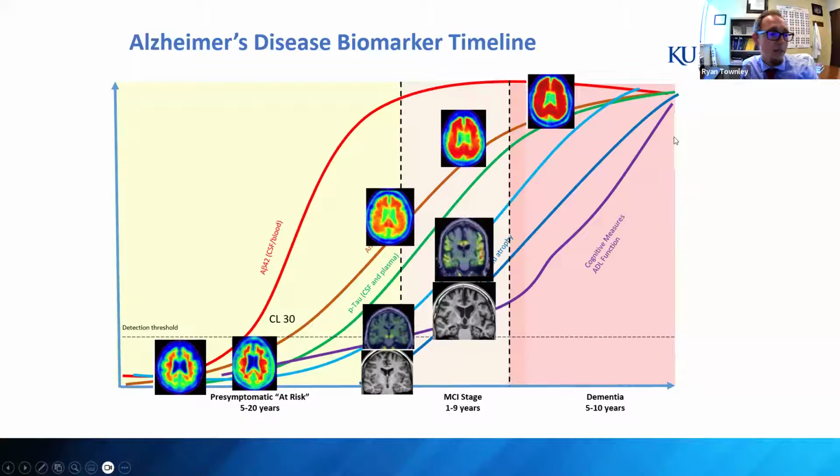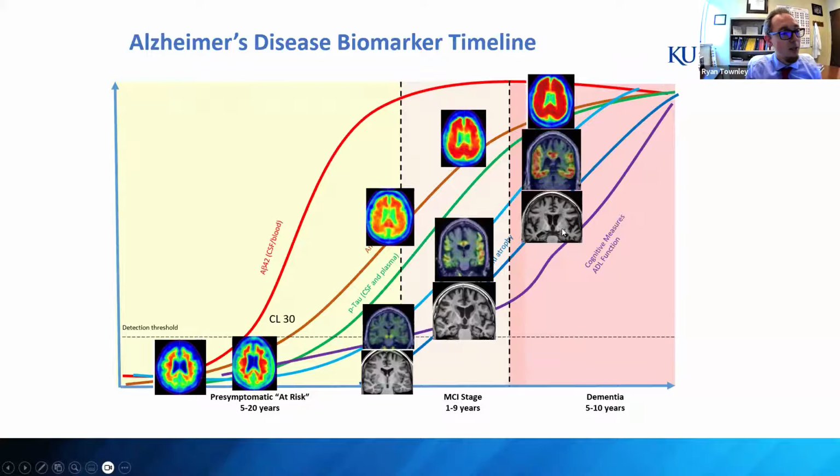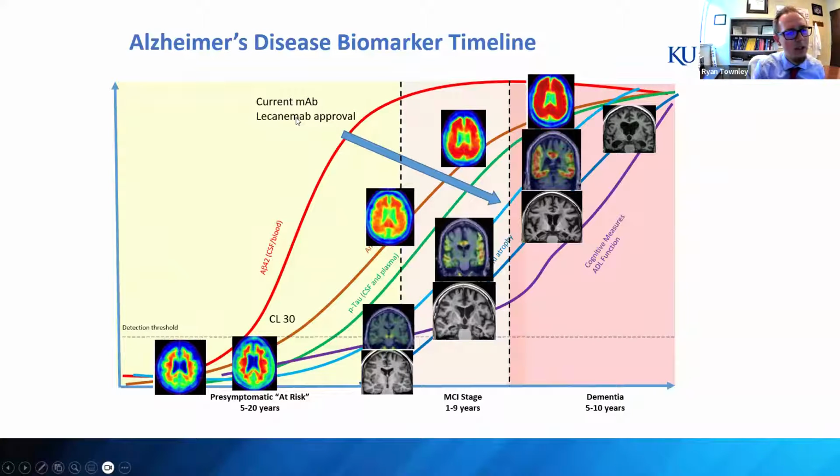And then we have significant amyloid plaque pathology, significant tau pathology, and what we call neurodegeneration on the MRI scan. And then we have later stages, where the MRI is very abnormal. So right now, as Dr. Burns talked about in the last talk, the current monoclonal antibody approval is more for this stage.